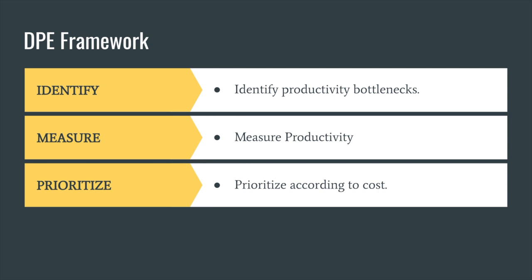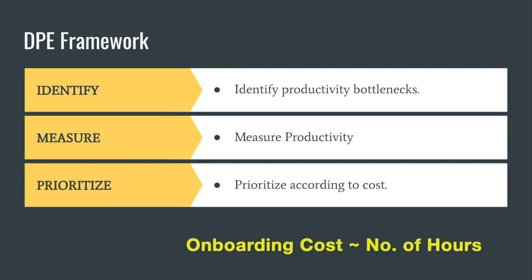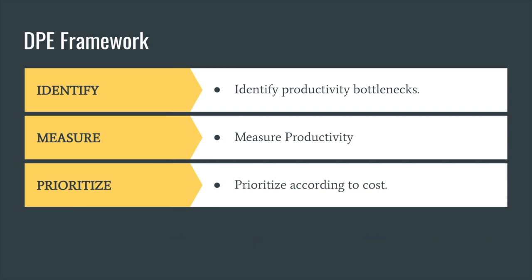Another cost you can consider is the onboarding cost, like how long would it take a new engineer to perform this particular task? And in this case, you wouldn't want only one person in your team to be able to do certain tasks around developer productivity engineering. It's important for you to share this knowledge across your whole team. Yeah, this is the framework: identify, measure, and prioritize.